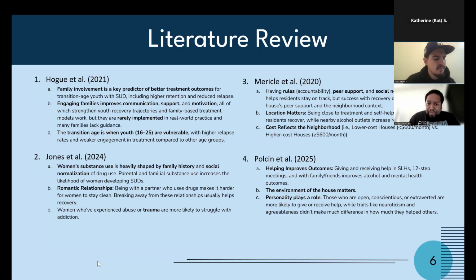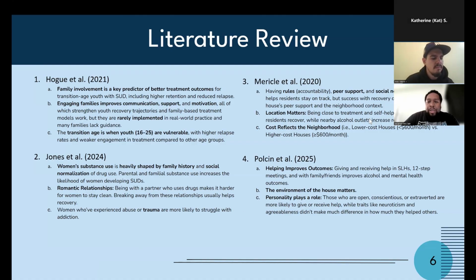As far as specifically for substance use, for sober living environments, having rules, accountability, peer support, and social networks in the house helps residents stay on track, but successful recovery depends both on the house's peer support and the neighborhood context. Location matters.